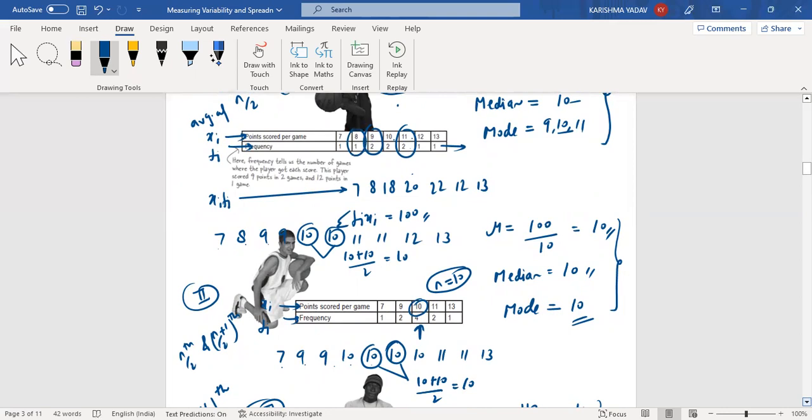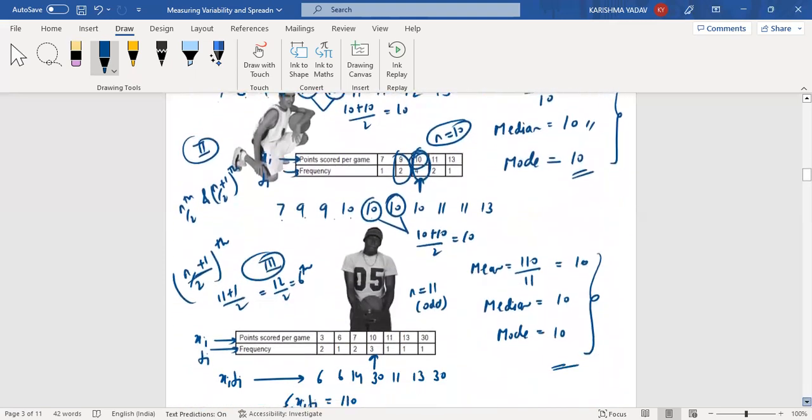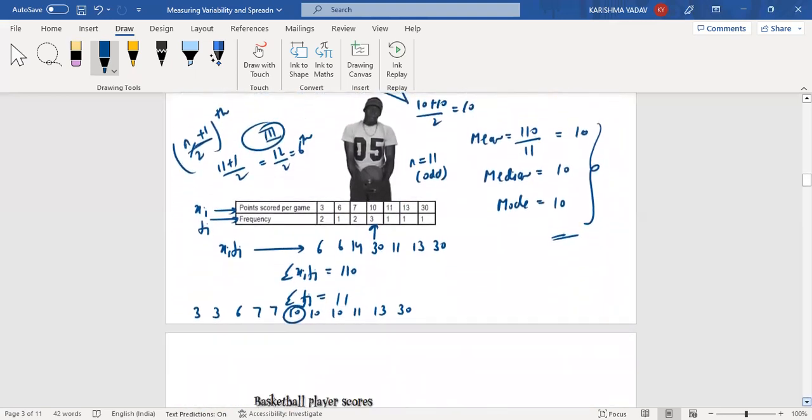Now look at this, he has scored 9 points in two games, and like this, he has scored 10 points in two games and 10 points in four games. And when we talk about the third one, he has scored the maximum points, that is 30 points in one game, and sometimes he has scored 3 points in two games. So these scores have been achieved differently, they are not consistent.